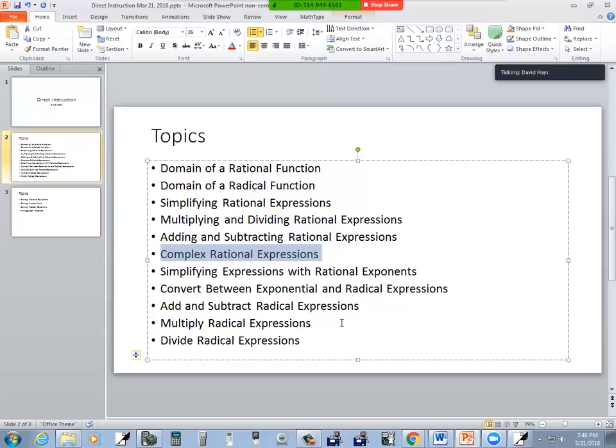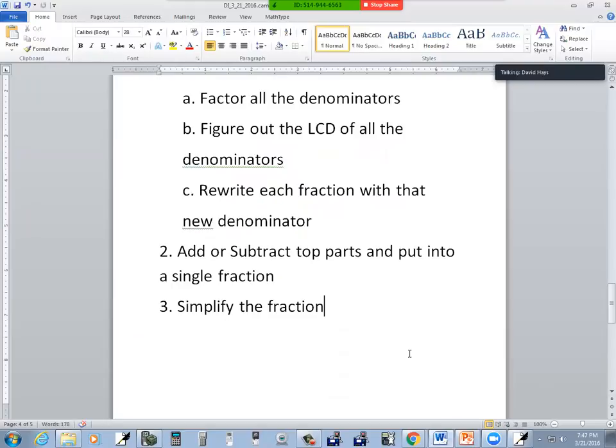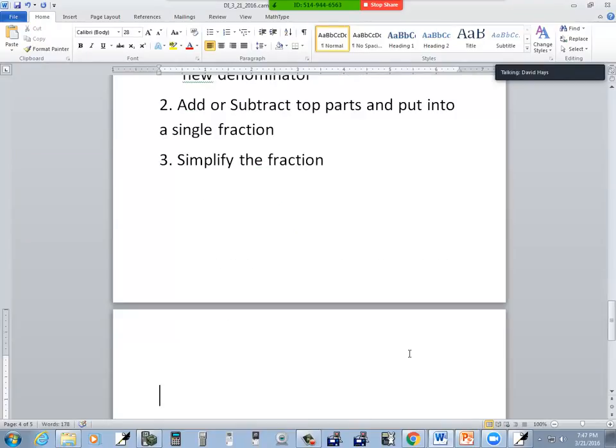Let's take a look at complex rational expressions. This is where you've got a fraction inside of a fraction. Typically, the definition of a complex fraction is a fraction inside of another fraction.